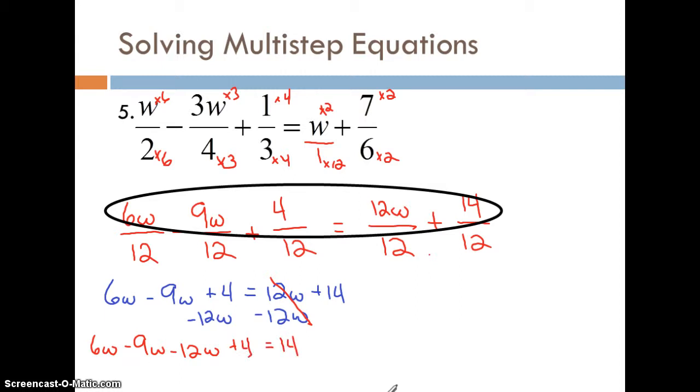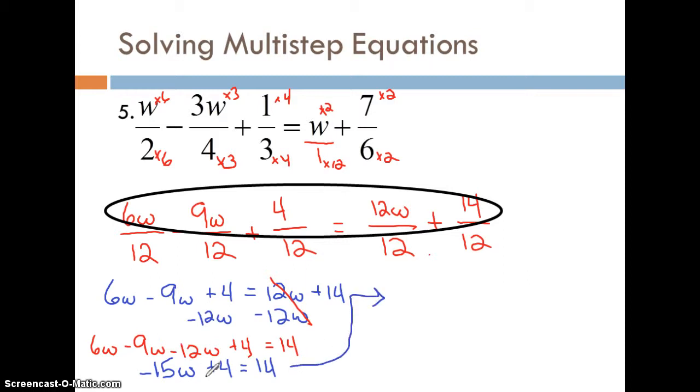Whenever I put all of those w's together, 6 minus 9 minus 12, I will end up with negative 15w plus 4 equals 14. Gonna bring my work over here, a little cleaner area.